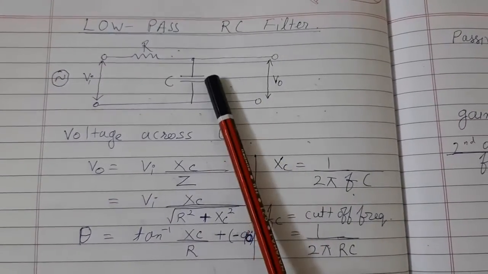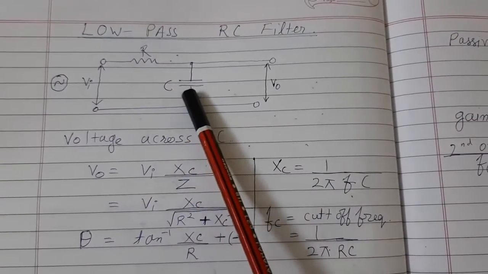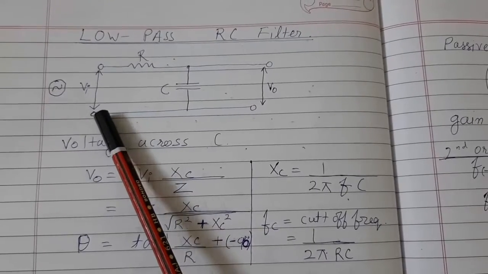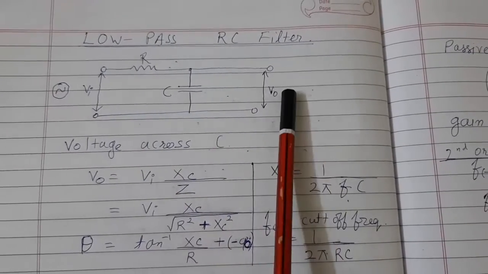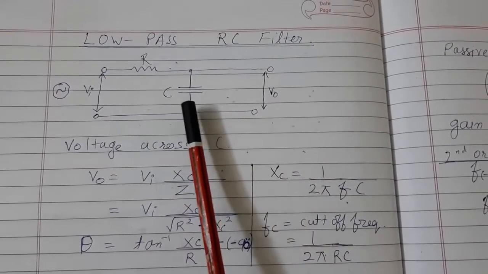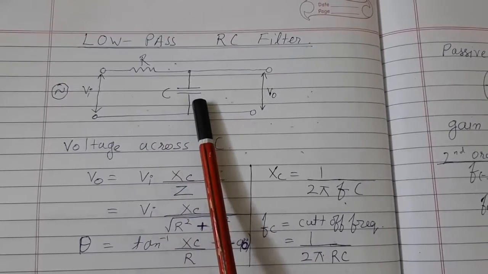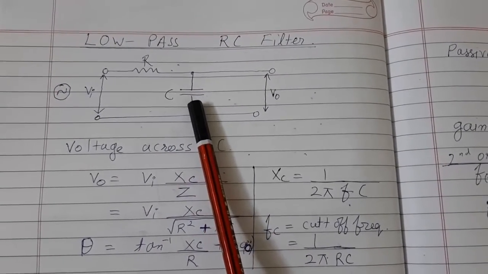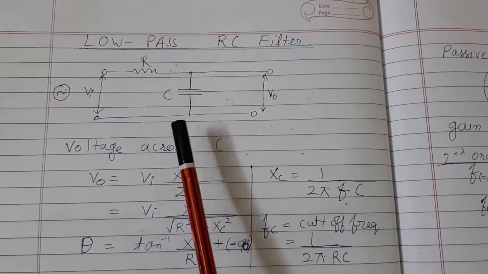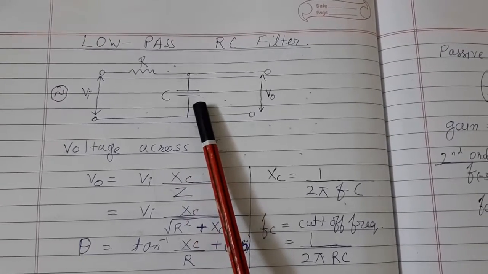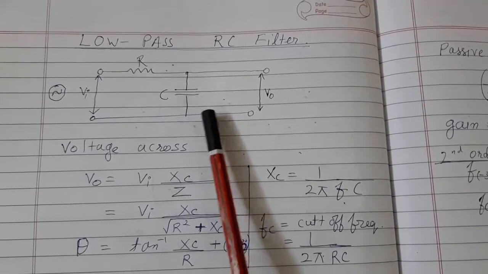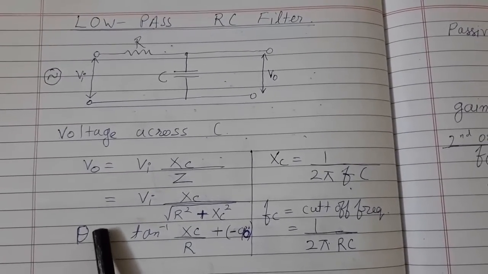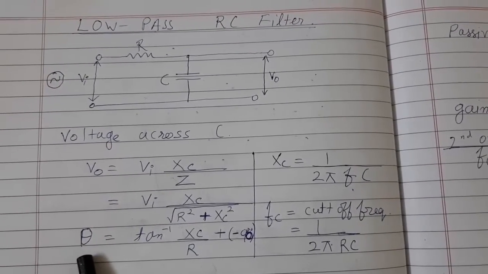Since we are using a capacitor, there is going to be a phase difference between the input and output, because when input is applied there is a charging and discharging cycle inside the capacitor. Due to this we have a phase difference, and phase is denoted by theta.